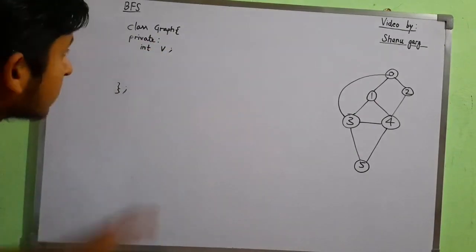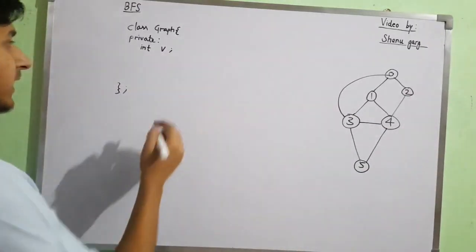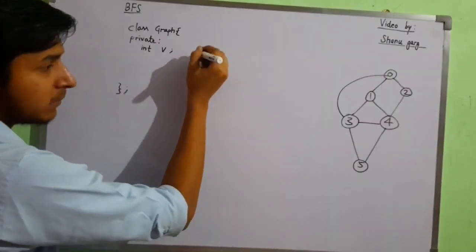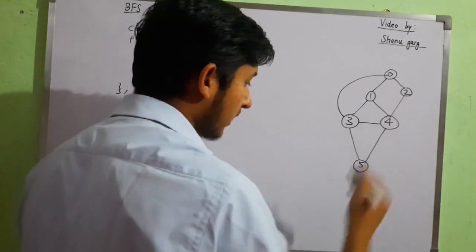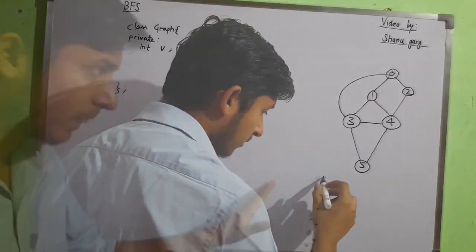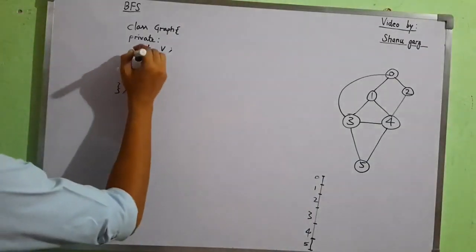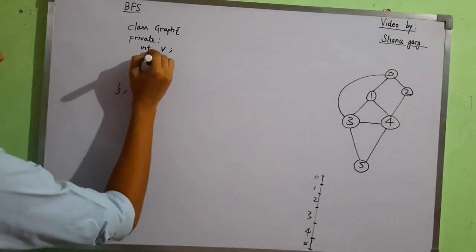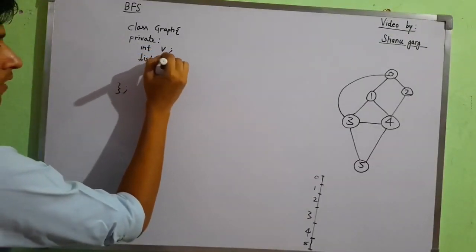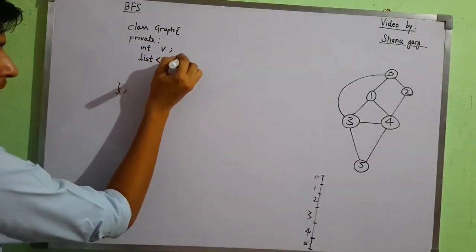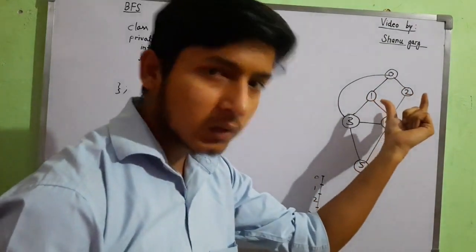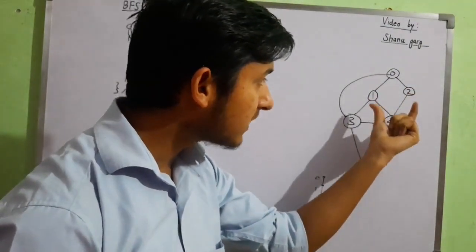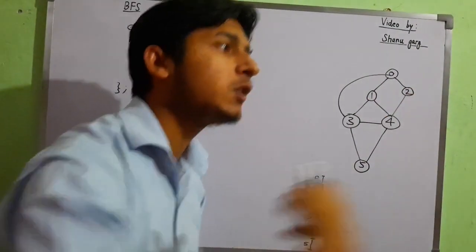Okay, and we have another variable that is actually a list. As we have 6 nodes, we will have a list. Okay, so I have a list of integers in this, and because every node is connected to some other node, it must have the list of nodes that it's connected to.